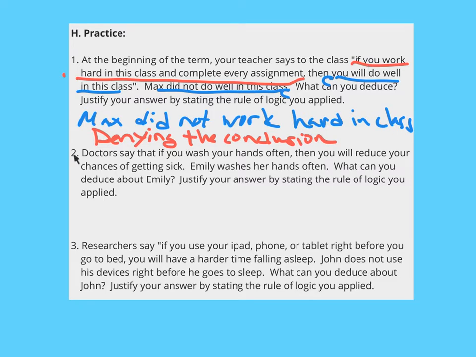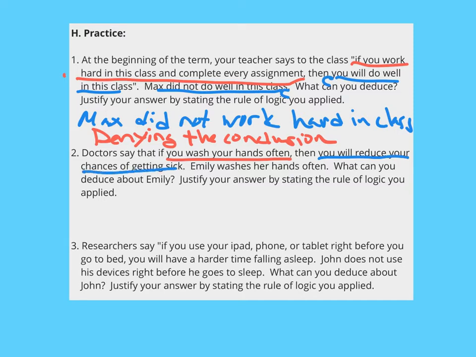In example 2, it says that doctors say that if we wash our hands often, then you'll reduce your chances of getting sick. Emily washes her hands often. What can you deduce about Emily? So again, we can see that the hypothesis here is if you wash your hands often. And the conclusion is you'll reduce your chances of getting sick.